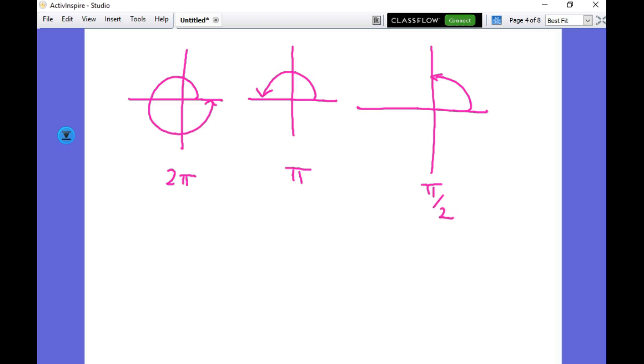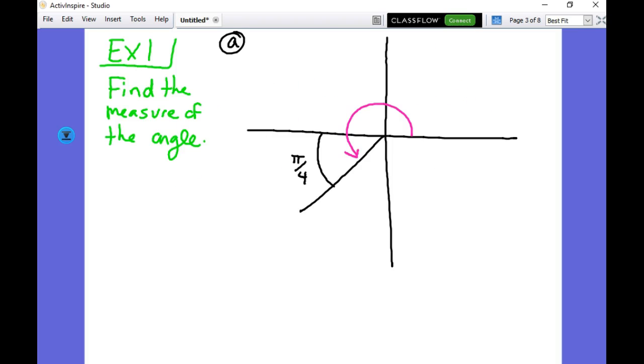So let's go back to this one. What we're going to do then is go with the part that we know. That piece there is pi, right? And then from here to here, they tell us is pi over 4, right?